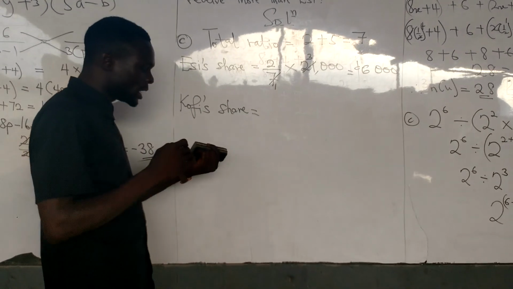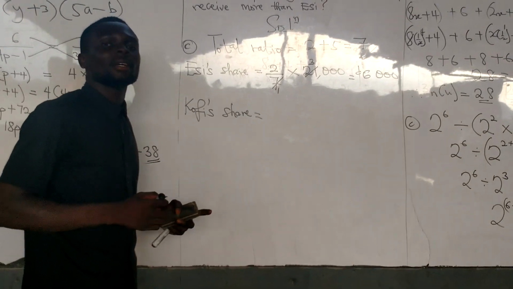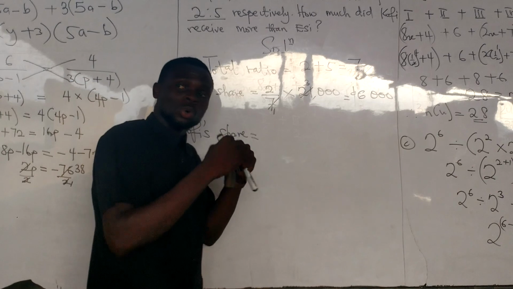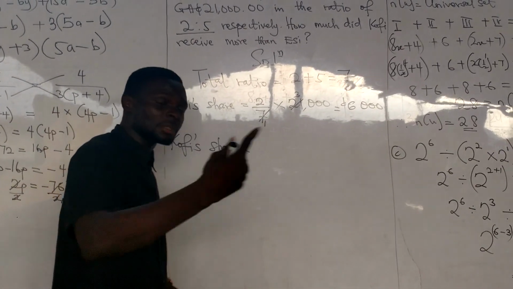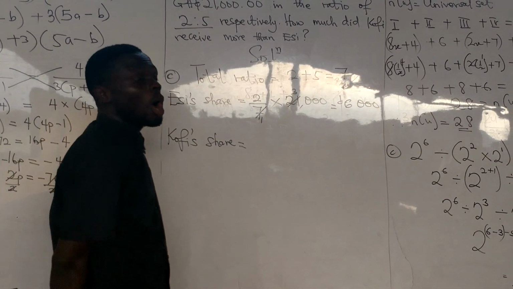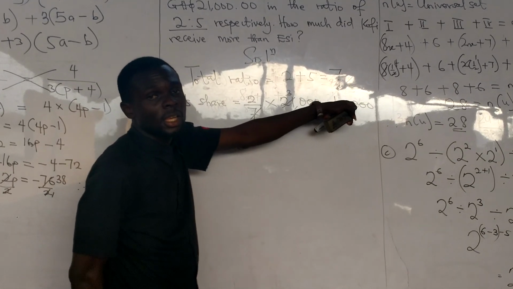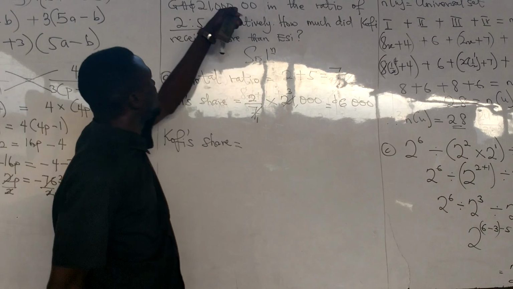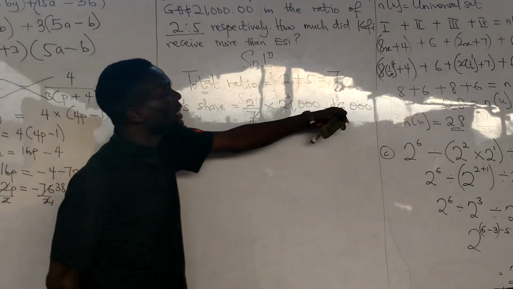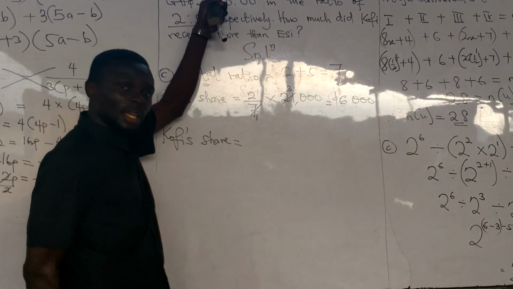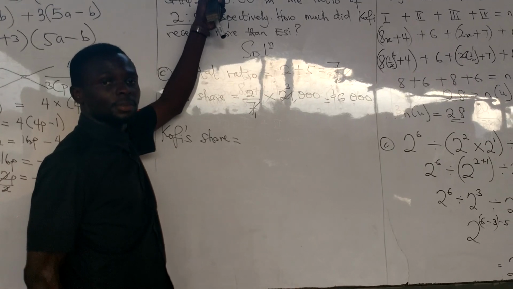Kofi's share is also calculated by Kofi's ratio over total ratio times the amount they shared, or subtract AC's share from the money they shared. How much did they share? They shared this. If you subtract this from this, whatever you get will also give you Kofi's share.